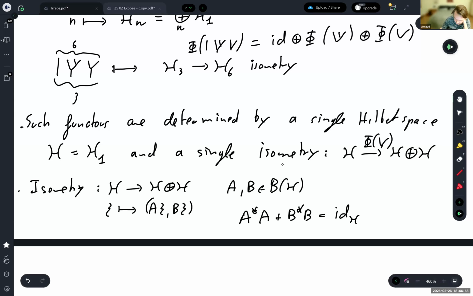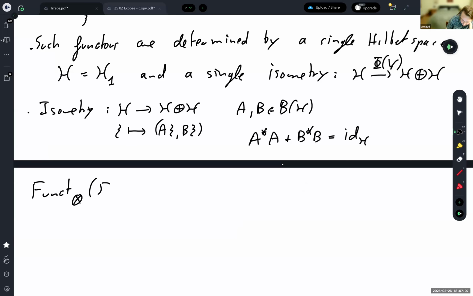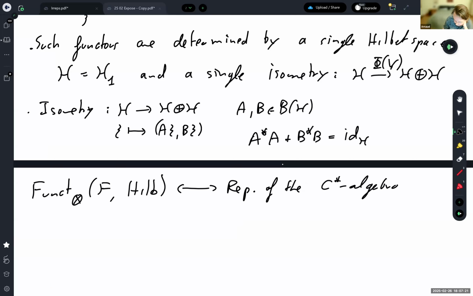Oh, that's nice. So what I'm just saying now is that the monoidal functors from my category F to Hilbert are in bijective, one-to-one correspondence with representations of the C-star algebra, which I'm going to call P, generated by two operators and satisfying this relation.